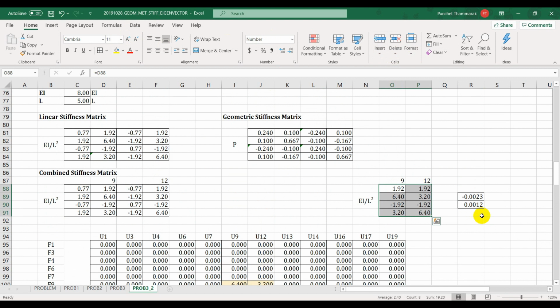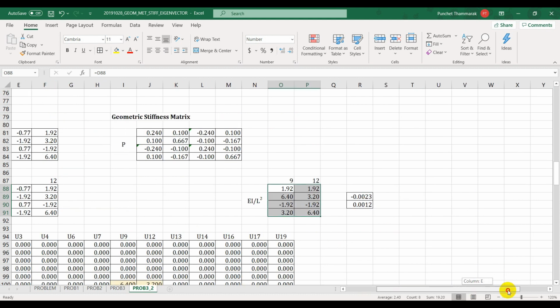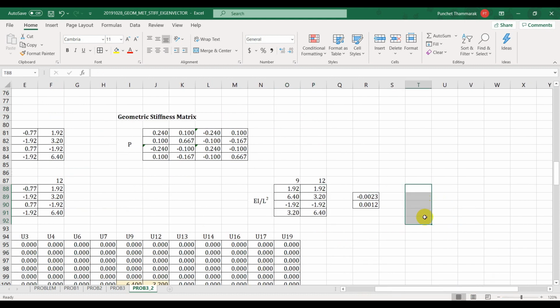For this case, you don't have the fixed end reaction, so you can find the shear force that is acting on this member, the beam member. So that is equal to MMULT, matrix multiplication of this and this.